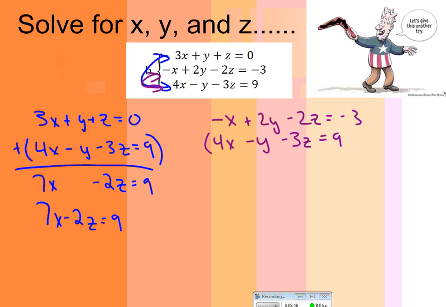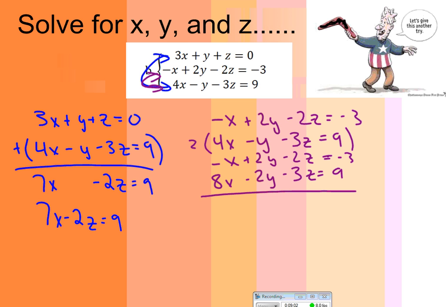So now I'm going to multiply this bottom one by 2. So that's going to be 8x minus 2y minus 3z equals 9. Just rewriting the top one to keep it steady. So add these two guys. So negative x plus 8x is 7x, plus 2y minus 2y goes away.